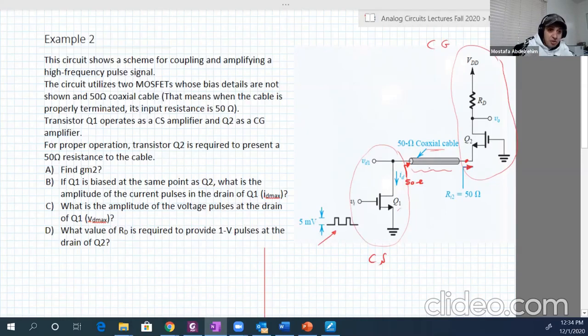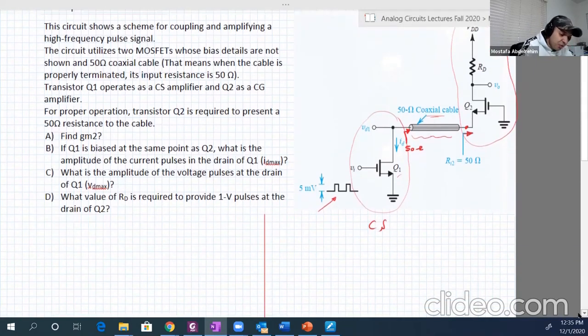If the coaxial cable, for example, had 100 ohm, then the input resistance of the common gate should be 100 ohm, to minimize the reflections and, of course, the losses. Number one, find gm2, the gm of that transistor Q2.